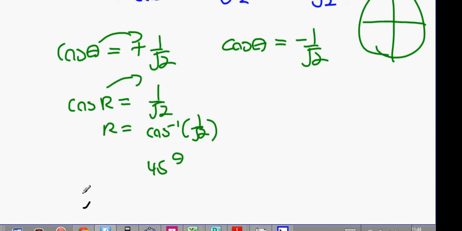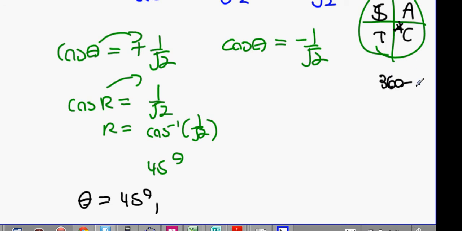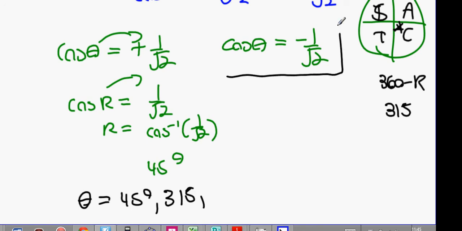So the first answer is 45. What other value is cos positive for? The fourth quadrant. Fourth quadrant is going to be 360 minus R, which is, anybody? 315.